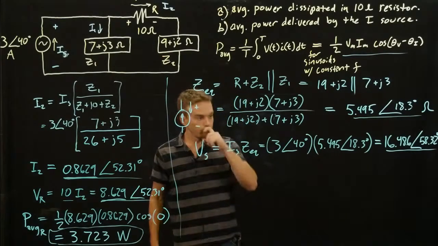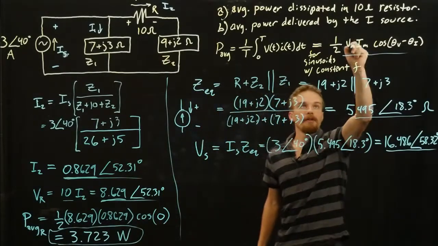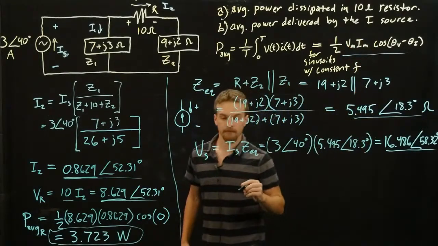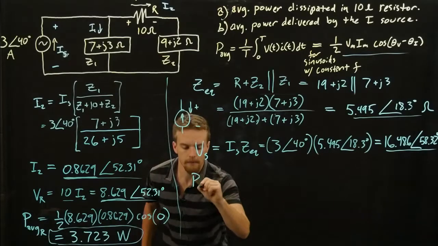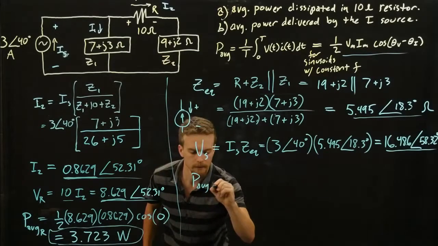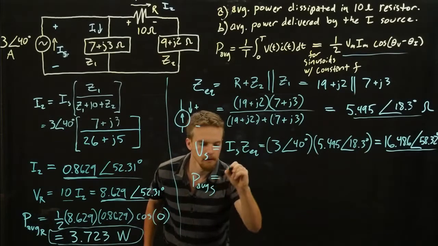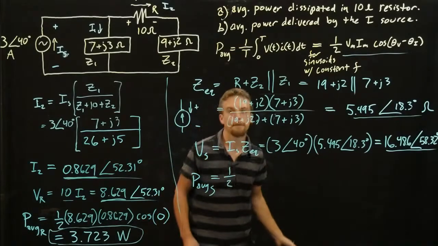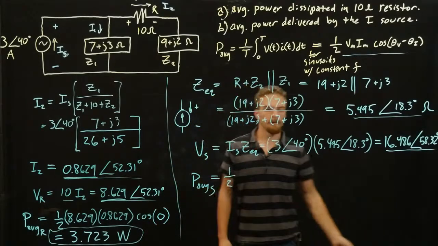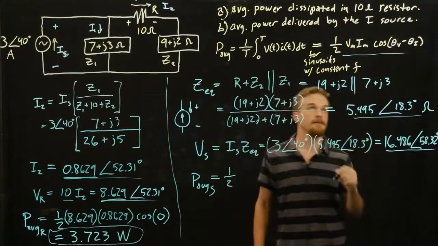So what would we get with this formula? P average in the source would be equal to 1/2 V max. What is V max?